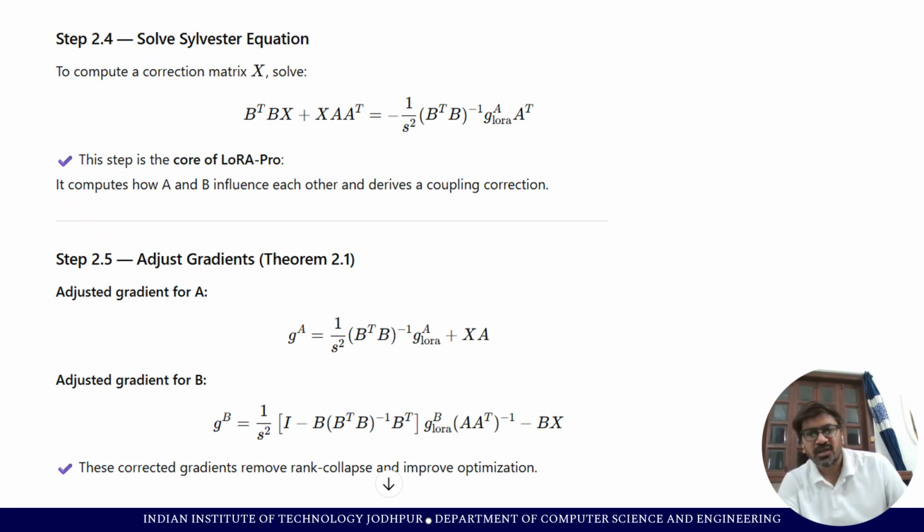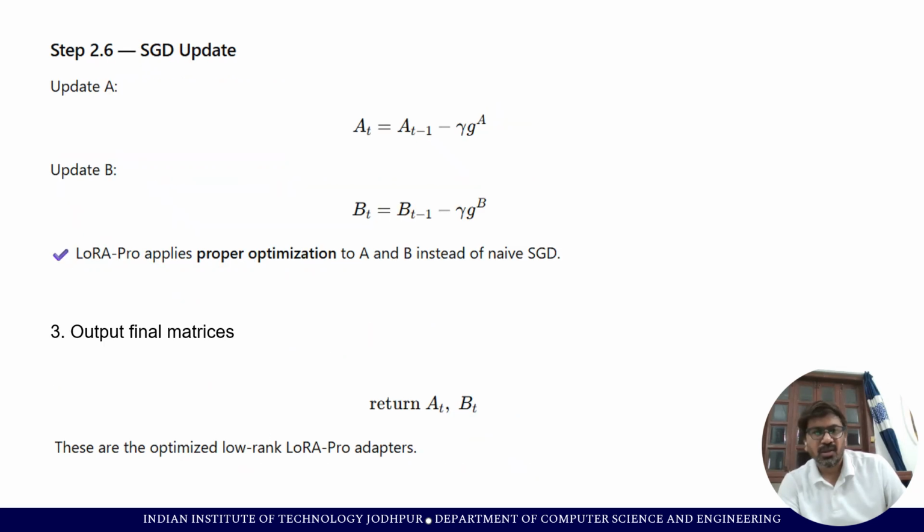We solve a specific linear algebra equation called the Sylvester equation to find a correction matrix X. Using X, we adjust the standard gradient into the optimal LoRA-Pro gradient according to Theorem 2.1 from the paper. We then update the matrices A and B using the corrected gradients. LoRA-Pro applies proper optimization to A and B instead of naive SGD output. Once the stopping criterion is met, usually when the loss converges, we return the final optimized parameters A and B.